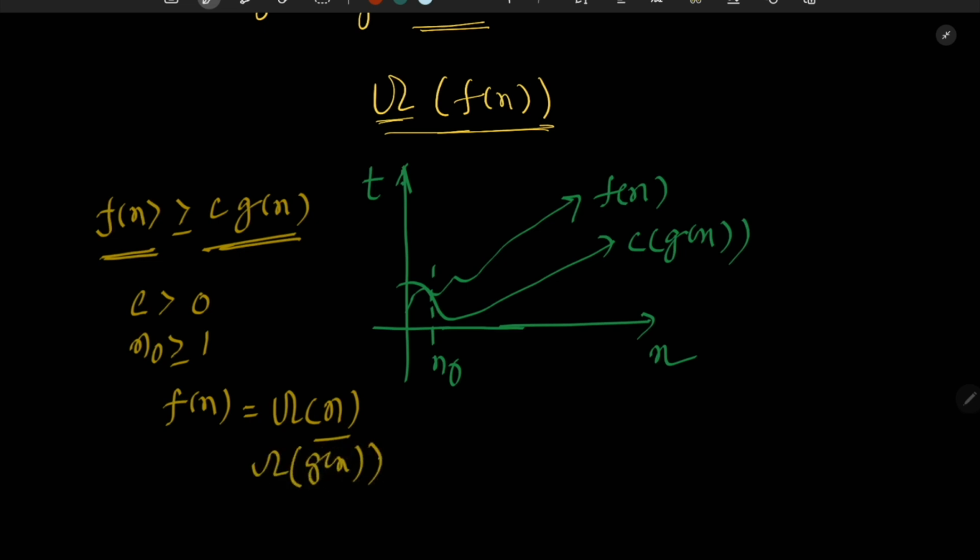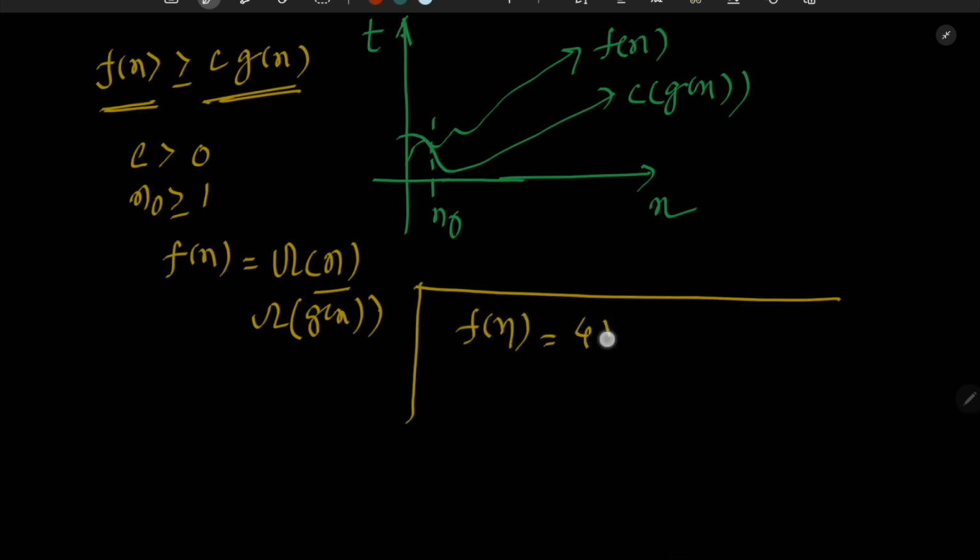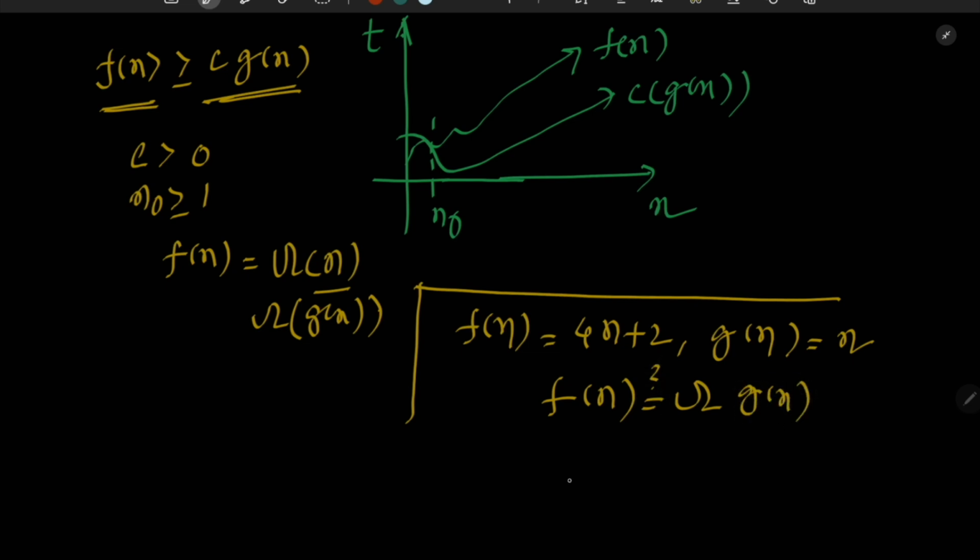Let's see an example and continue this discussion further. Assume that we have f(n) as 4n plus 2 and g(n) as n. What we want to figure out is whether f(n) is big omega of g(n), and if this is the case, we want to find the value of c and the value of n naught.